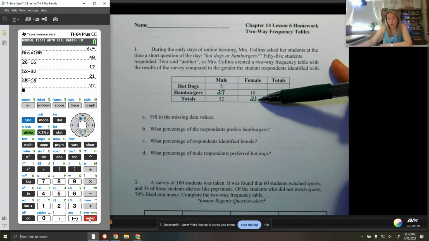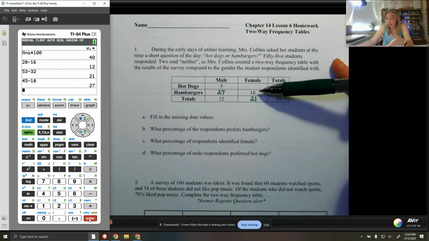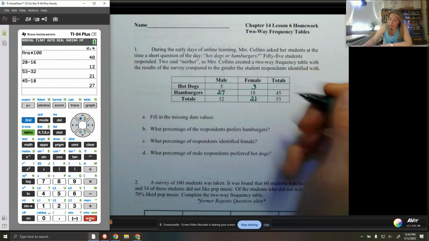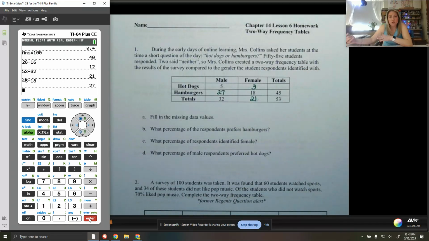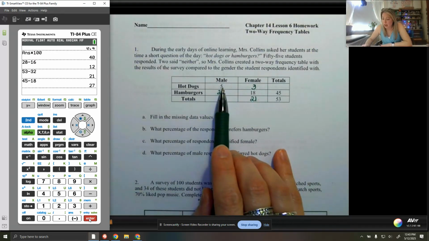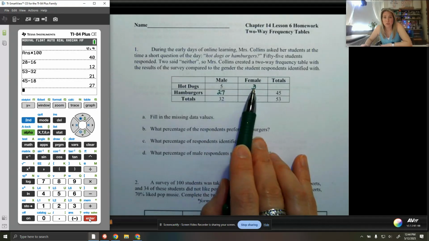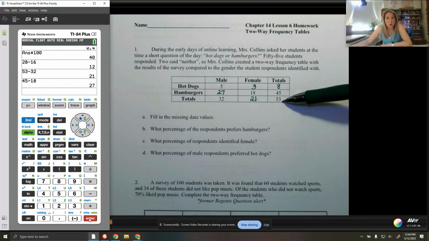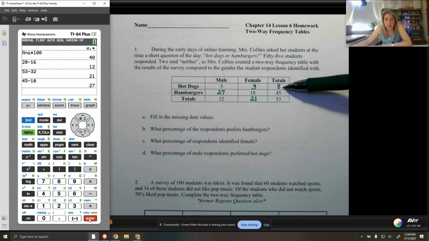If we know 21 students were female who were asked this question, and 18 of those said hamburgers, then the other 3 must have said hot dogs. And you can add up hot dogs total, or you can subtract. Either way, 5 males plus 3 females that said hot dogs is 8. 53 total people minus the 45 that said hamburgers is 8.